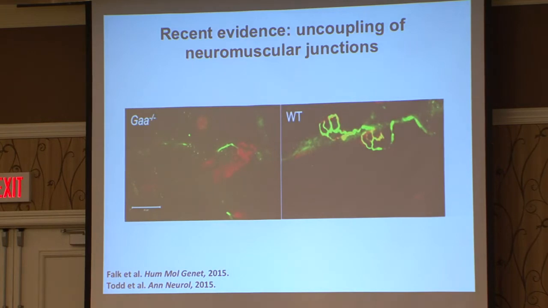And contained within that little network of green, we see some red staining, which is alpha bungarotoxin, which stains for the motor end plate of the muscle. So we see this coupling between the muscle part and the neural part. And that's how it should be. And what we see in Pompe, this is a Pompe mouse, we have human neuromuscular junction tissue as well, is a loss of that green presynaptic staining, and we see this diffuse staining at the motor end plate. So the coupling is lost between the muscle and the nerve.